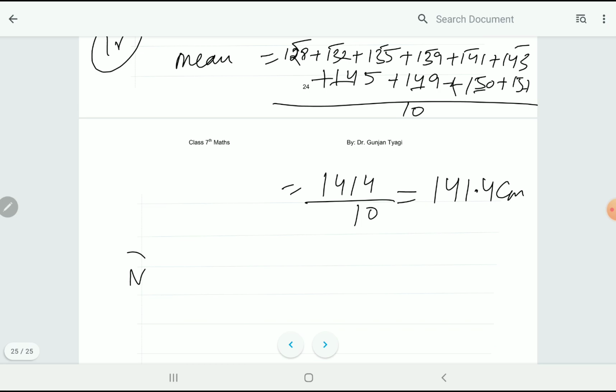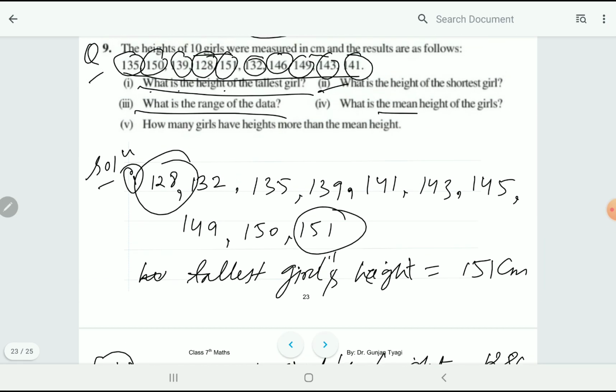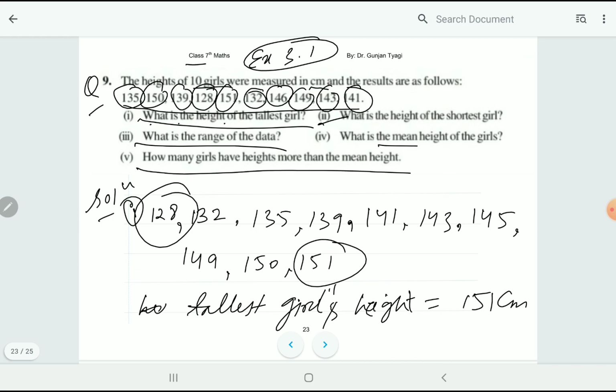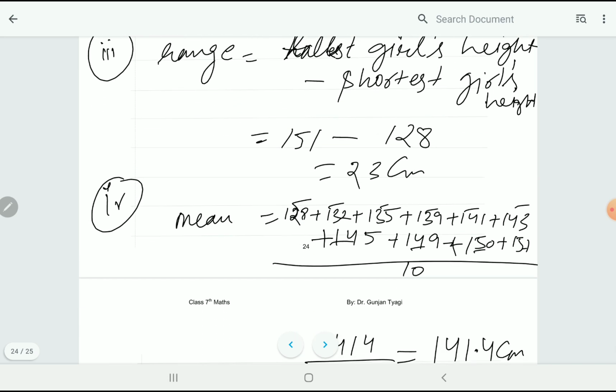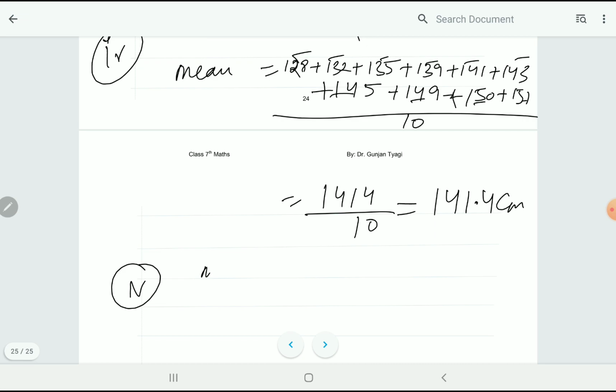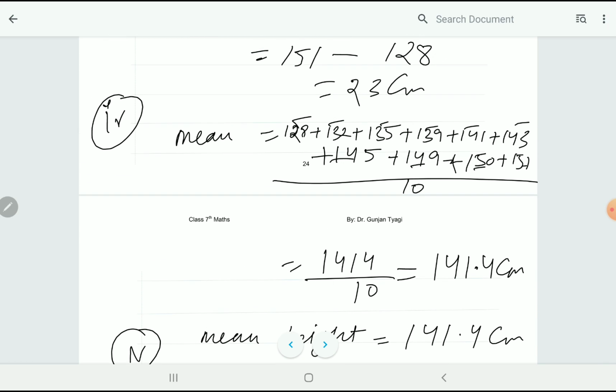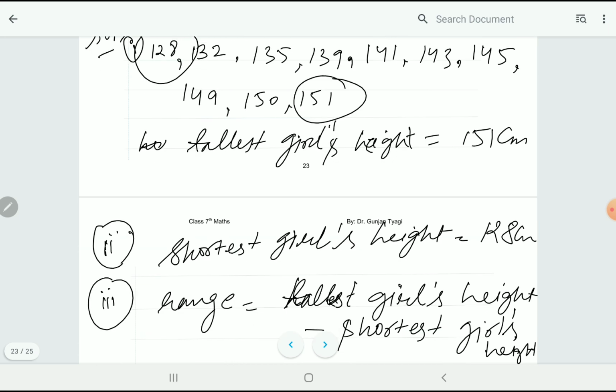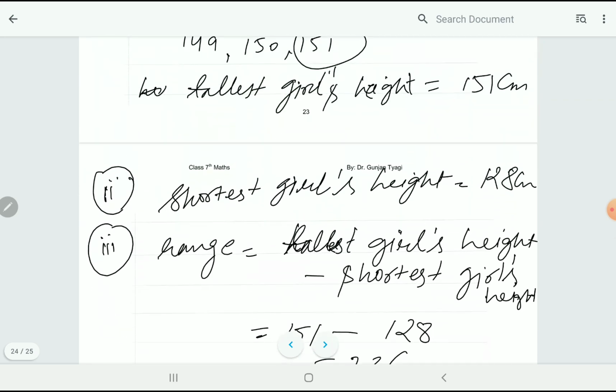Let's do the last and fifth part of the question, which is, how many girls have height more than the mean height? The mean height is 141.4 centimeters.